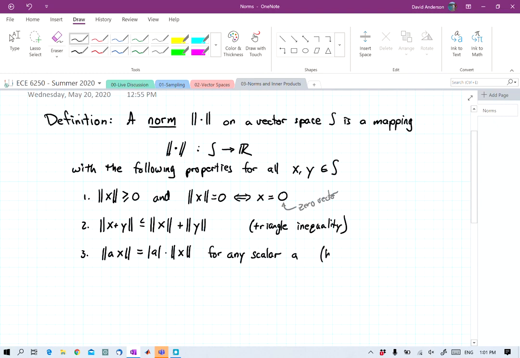And this is the homogeneity property. Okay, so those are the properties.